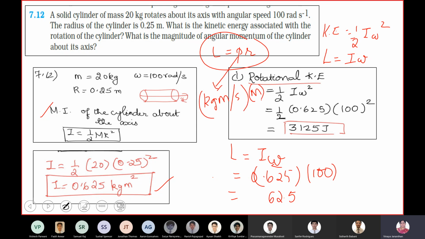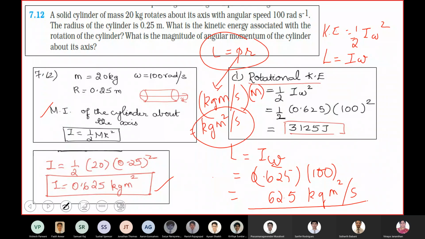So it becomes kilogram meter squared per second. This is the SI unit for your angular momentum. Kilogram meter squared per second. Torque is newtons into meter. Kilogram meter squared per second.